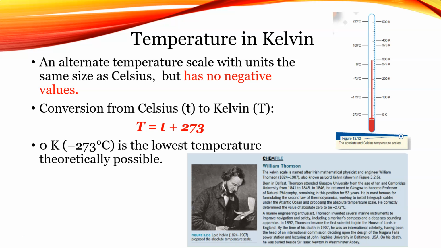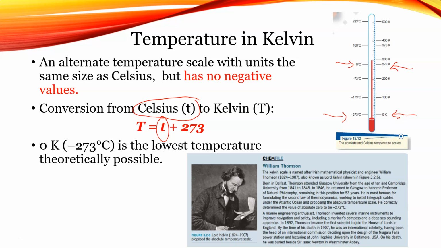To convert Celsius to Kelvin, you take your temperature in Celsius and you add 273, as shown in the thermometer on the right-hand side. So we have 0 degrees here, and it's equal to 273. Therefore, negative 273 degrees Celsius is 0 Kelvin.